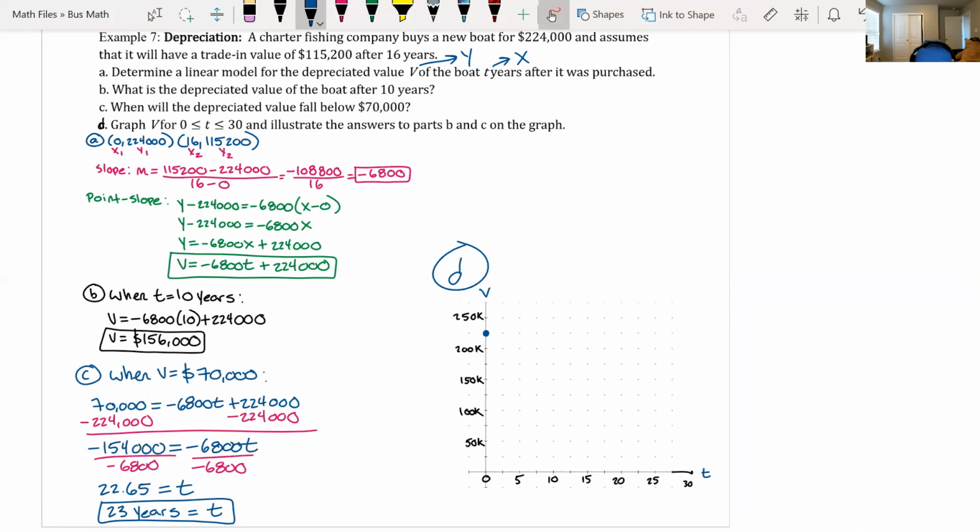So we'll just put it a little bit above there. How's that? And then in 23 years, the boat's going to be $70,000. So let's put that around there. Why not? And guys, that's all we need. Connect.